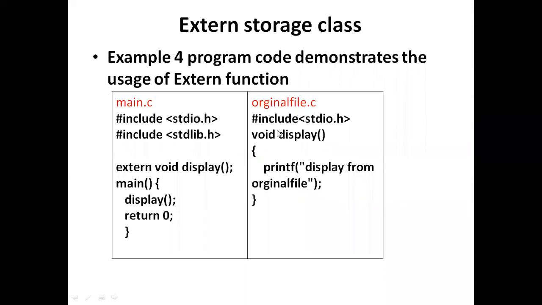All of you see this example here. Inside this example, we have defined a function called void display inside the original file. And I want to access it inside the program called main.c.